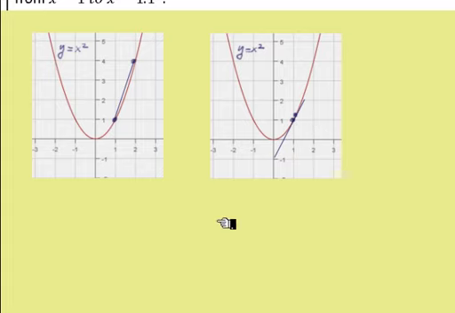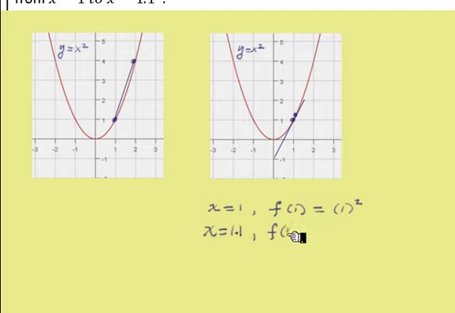Okay, so our first point has x-coordinate 1, and y-coordinate, we're just going to substitute into x squared, 1 squared. And our second point has x-coordinate 1.1, and y-coordinate, again, substituting into y equal x squared, 1.1 squared, that's 1.21.